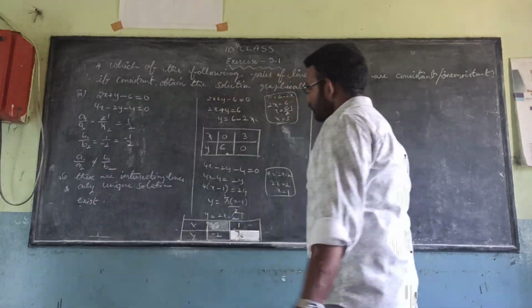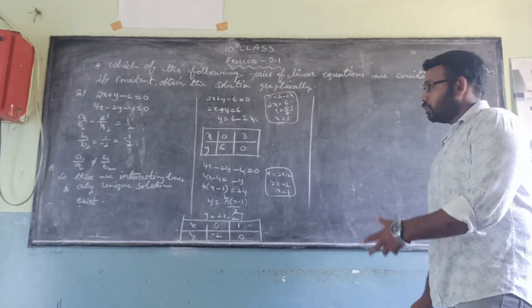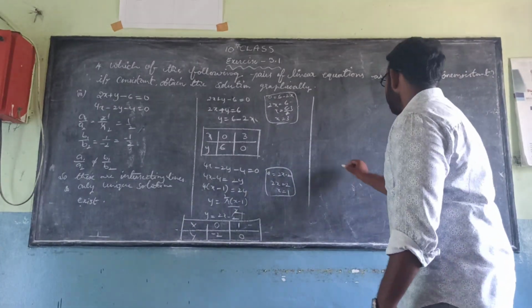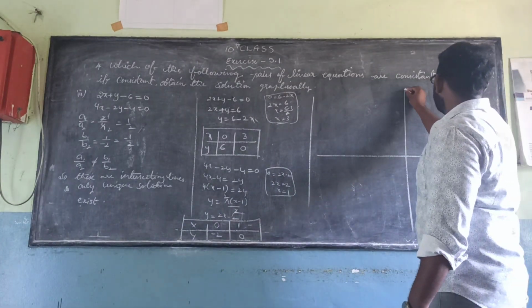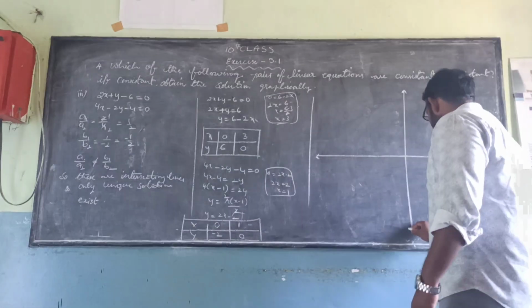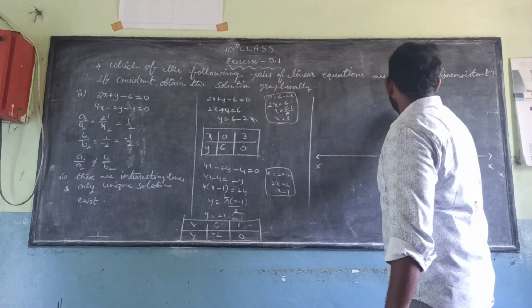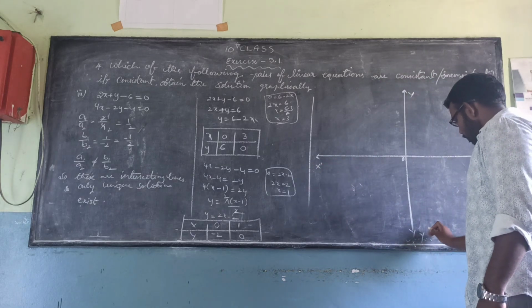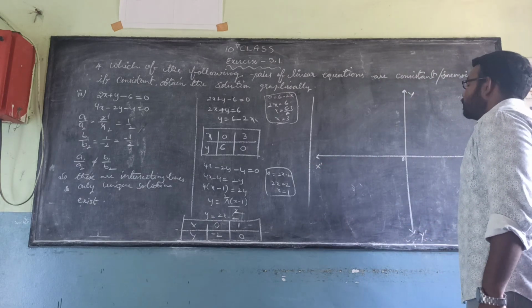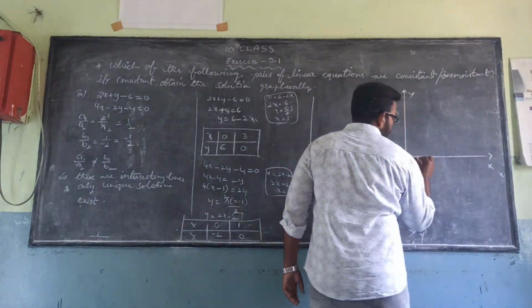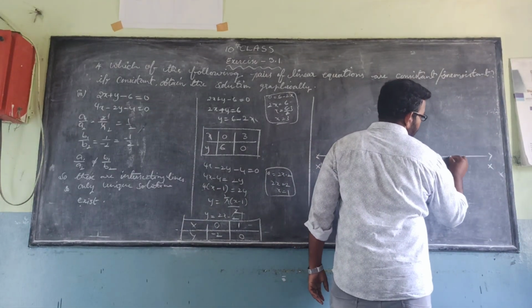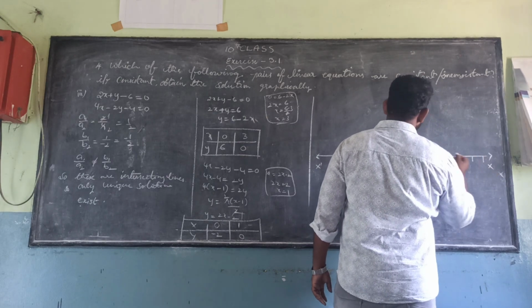So here we have to represent the graph. This is x dash, y dash. So 1, 2, 3, 4, 5, 6, 7.